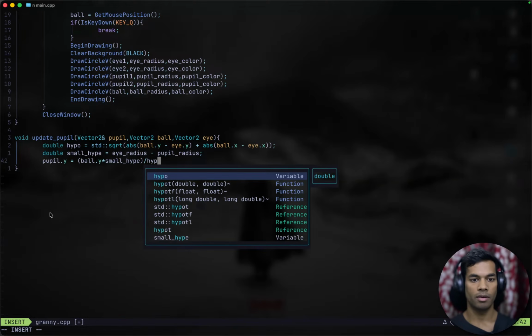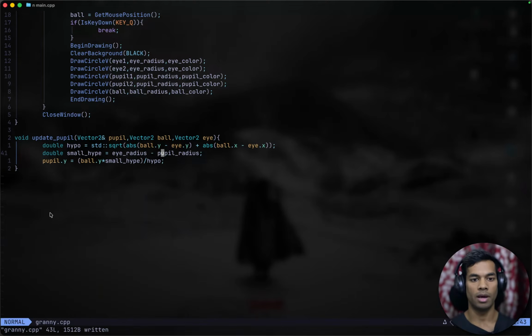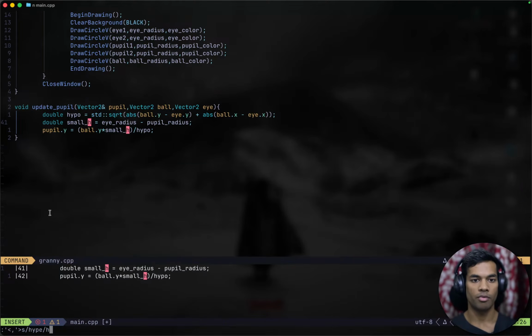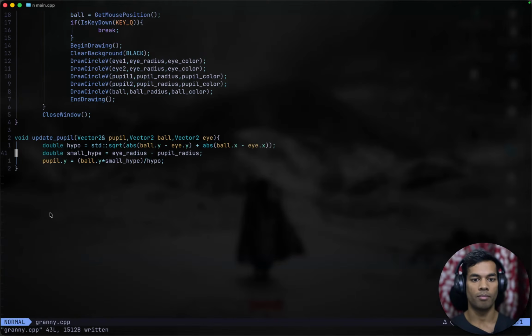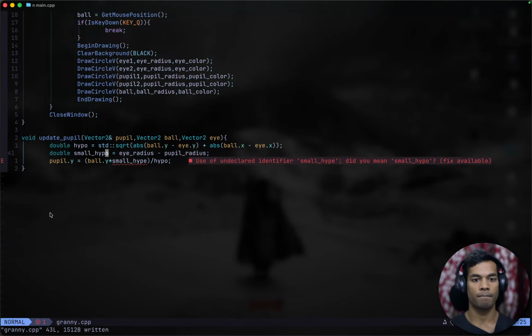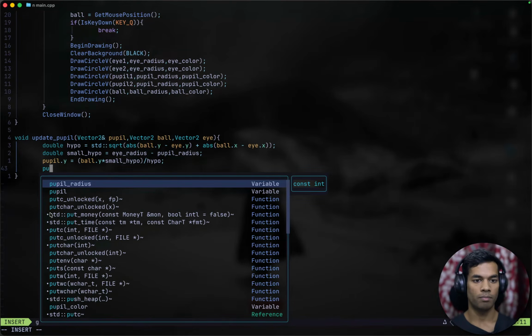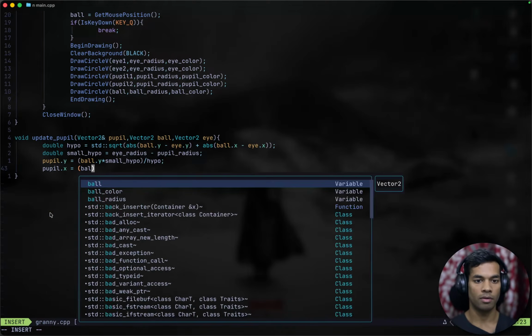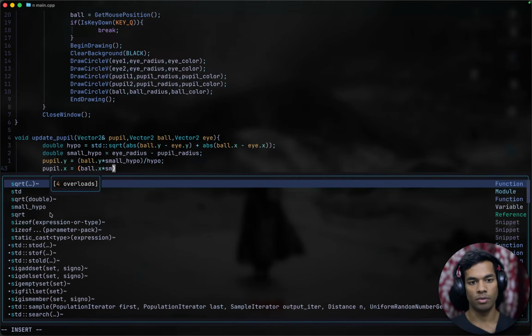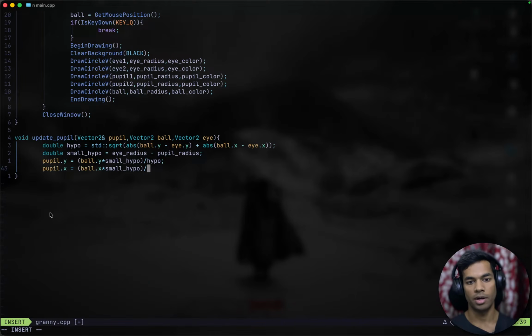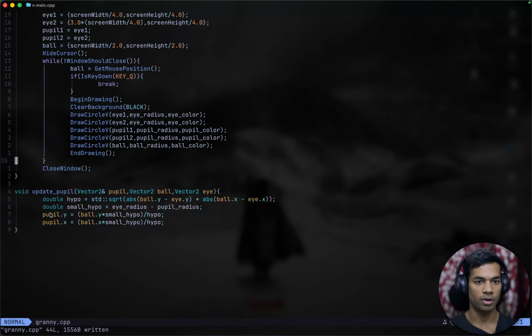Divided by hypo. And this should not be hype, substitute hype with hypo. And pupil dot x equals ball dot x into small hypo divided by hypo. Okay, that might actually work.